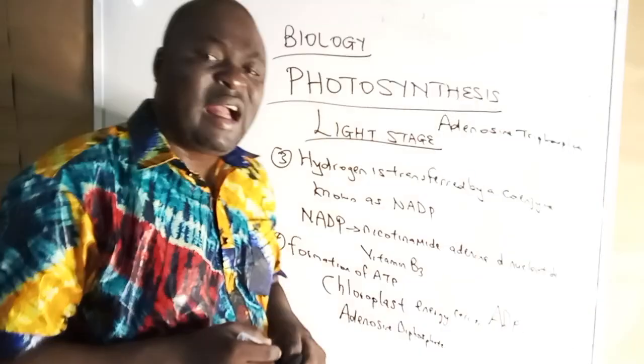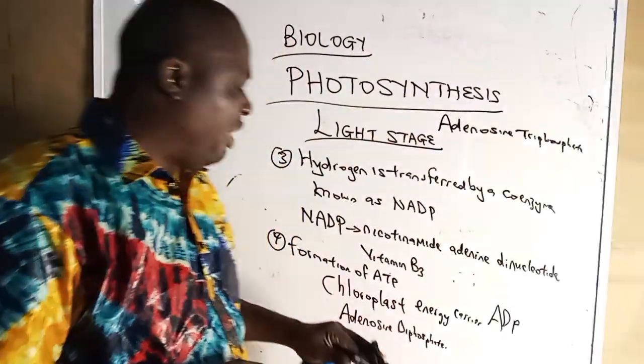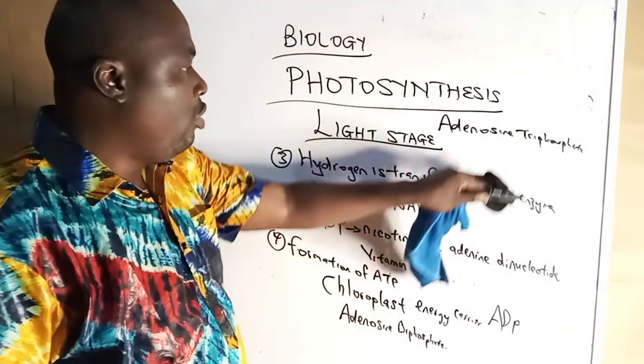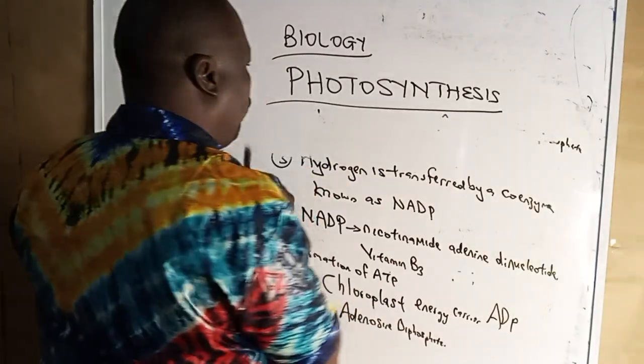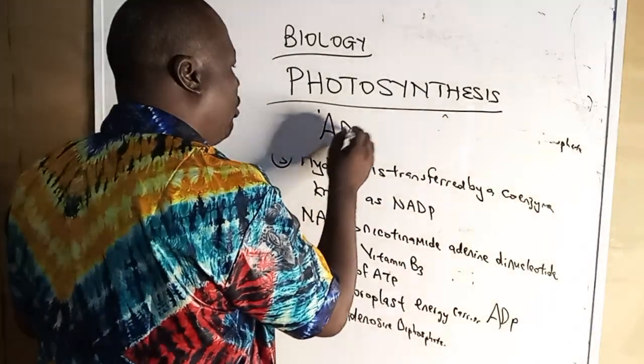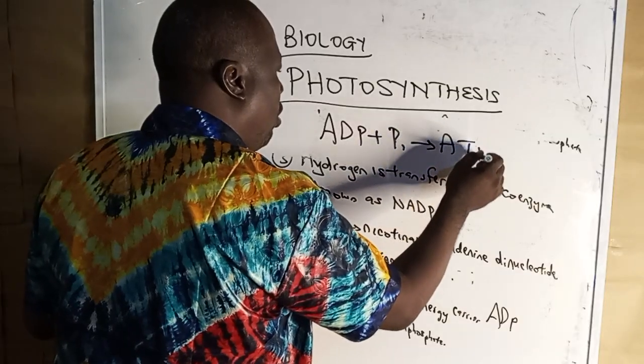So the extra energy not used in the light phase, we add an energy compound to this adenosine diphosphate to form adenosine triphosphate, like this. We have ADP plus a phosphate to give you ATP.